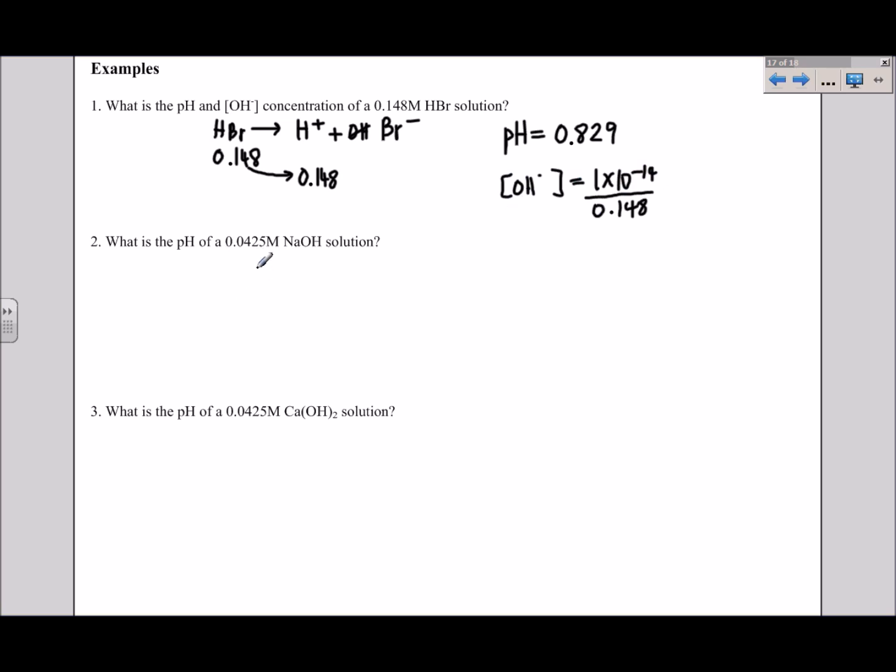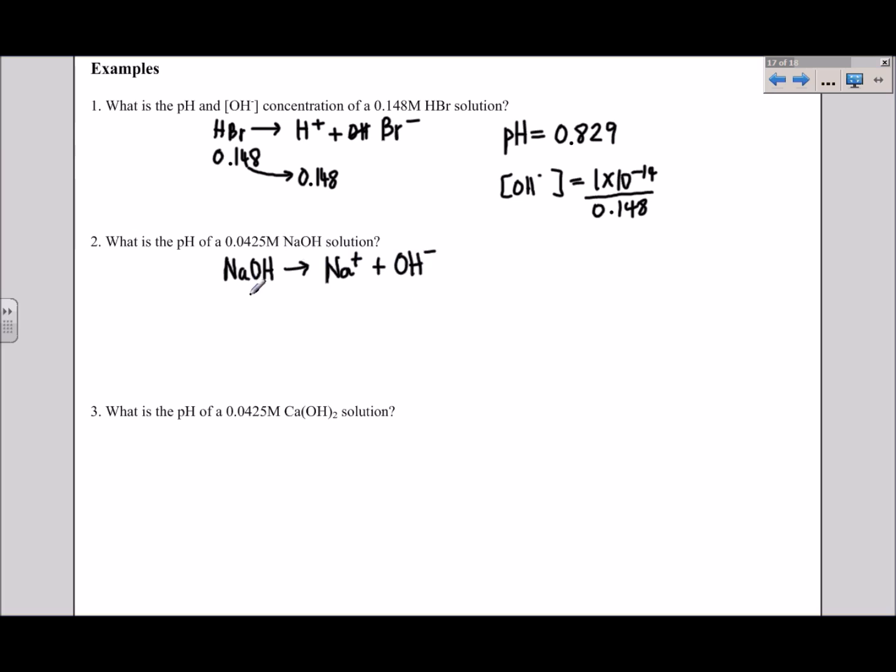Number 2, it asks us to find the pH of a sodium hydroxide solution. So this is a base, so I'm going to expect the pH of this solution to be greater than 7. And that's something that you should think about when you encounter a solution so that you can check your answer at the end. This is one of my strong bases, so I know it dissociates completely in solution.